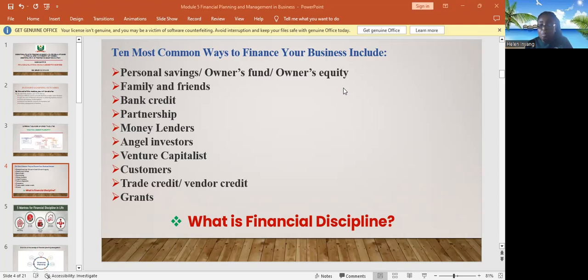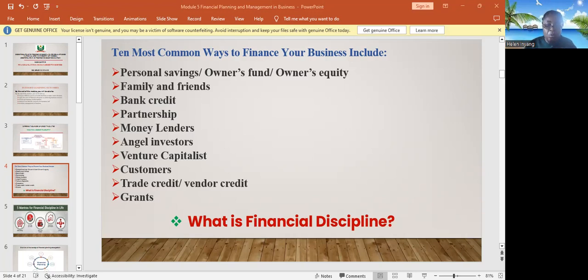You can also finance your business through money lenders. But I want you to be very careful. There are some money lenders that exploit. When you are going to money lenders, go to the ones that will not exploit you. Then you can also finance your business through angel investors. Angel investors will help you finance your business.